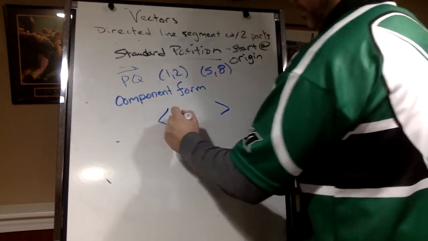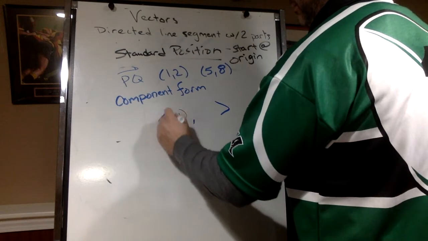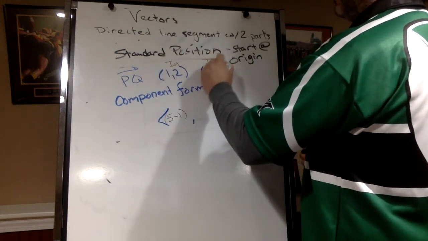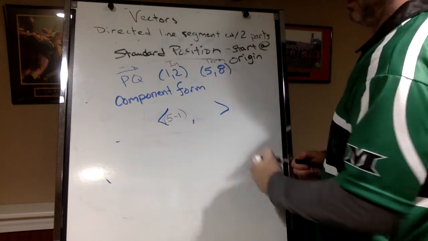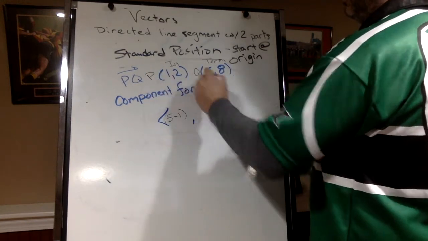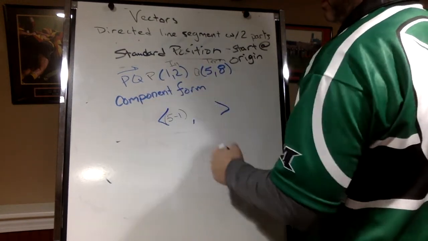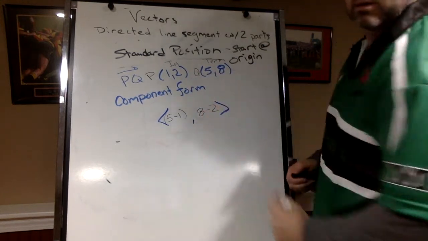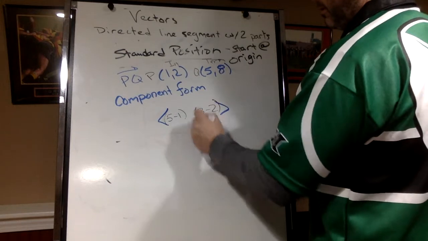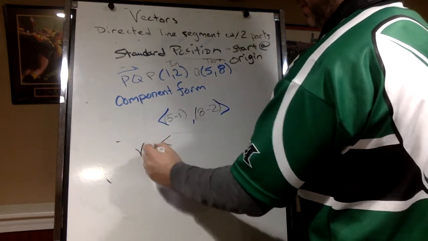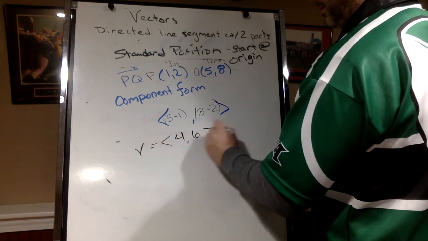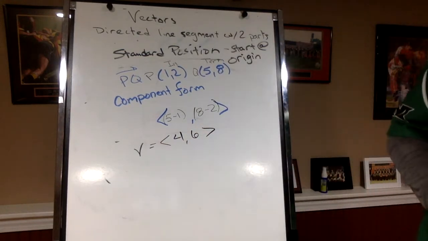Let's find our x's. So x is going to be 5 minus 1. Again, this is our initial and this is our terminal, because if it went the other way, it wouldn't work. So P, Q. So 5 minus 1, and then 8 minus 2. So my vector, and now I can call it a vector, is 4, 6. These just look like greater than or less than symbols.